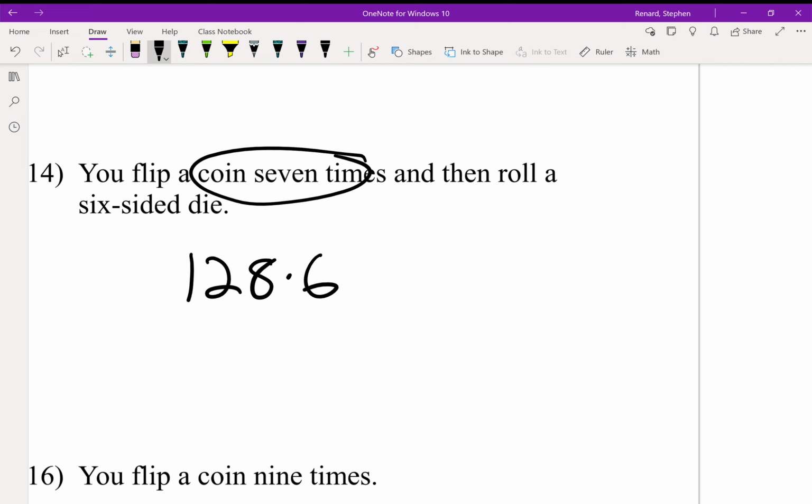So each of those 128 different ways to flip the coins then has 6 additional ways that it can outcome purely because we're rolling a die after it. So we go 128 times 6, and that gives us a total of 768 outcomes.